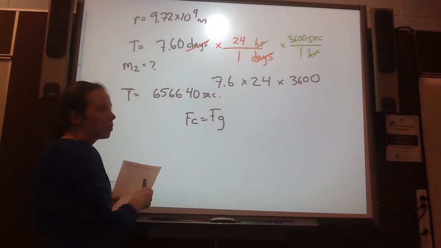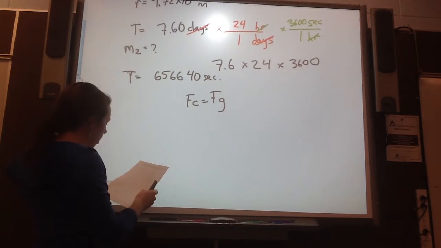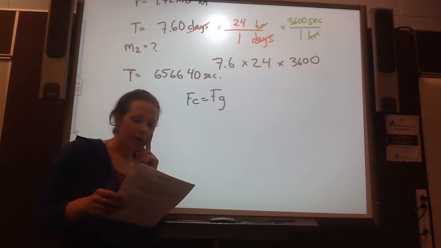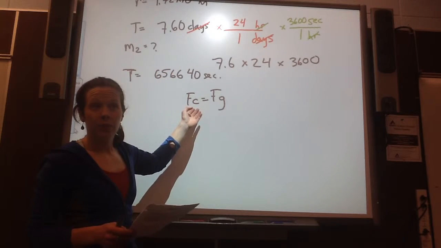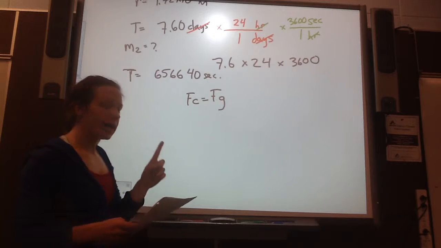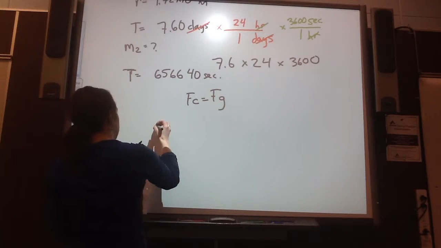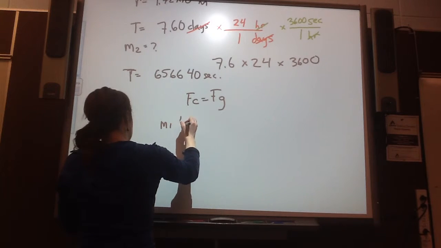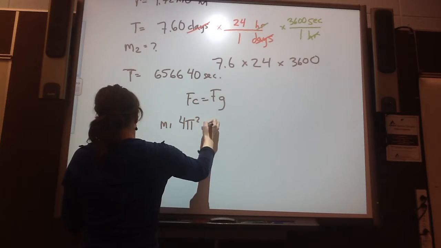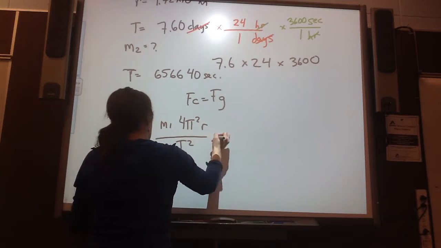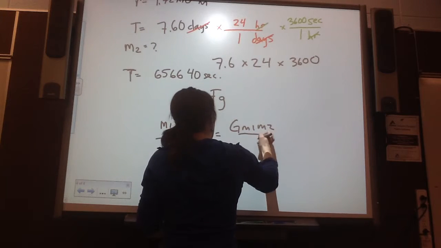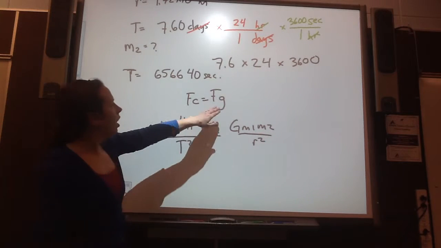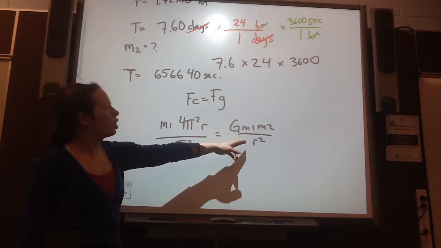So our FC is equal to FG, always for planets. We need an FC that includes our T, so I'm going to use my AC formula that has my T in it. M1 times 4 pi squared R over T squared is equal to big G times M1 M2 over R squared. Generally, for your FG, you'll use this one.